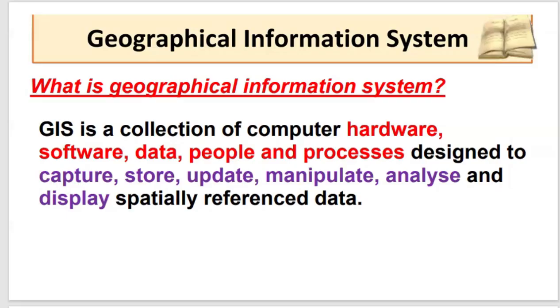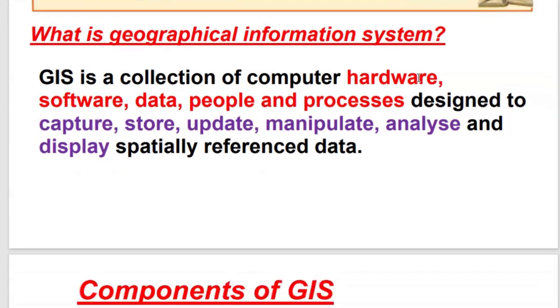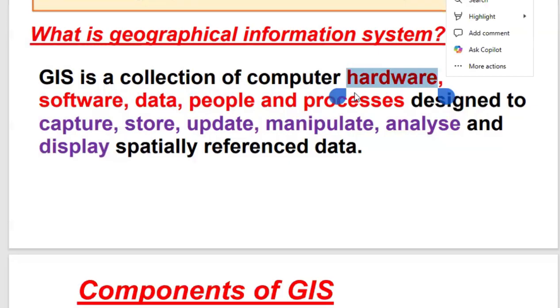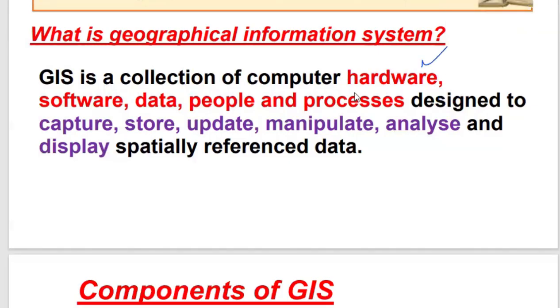According to the simple definition, GIS is a collection of computer hardware, that's number 1, and on top of hardware we have software, data, people, and lastly processes.